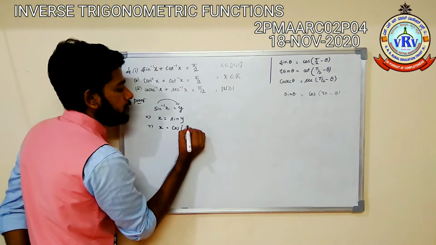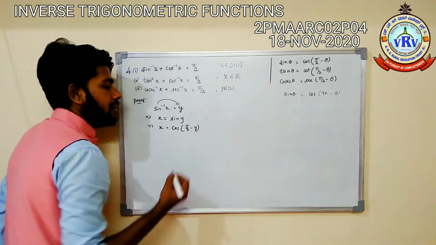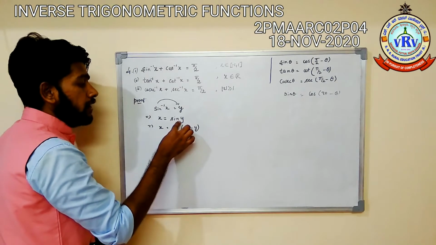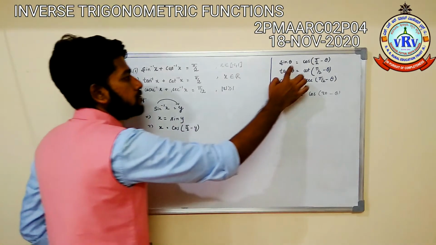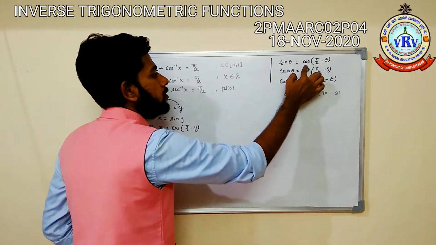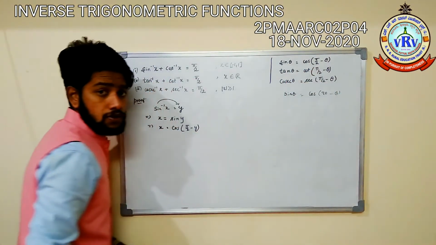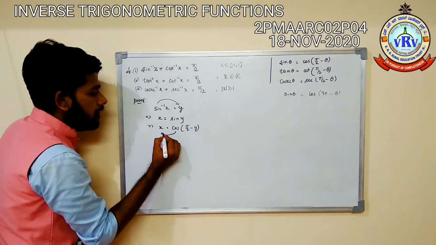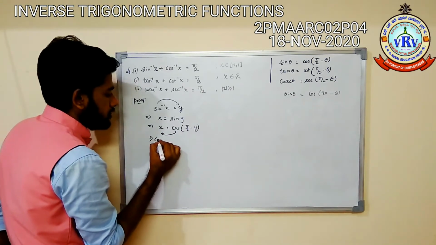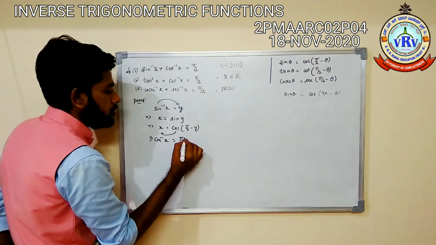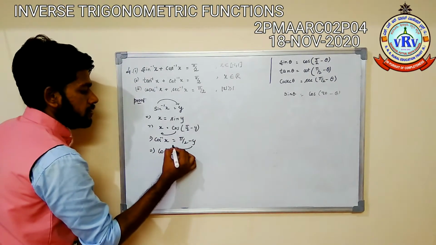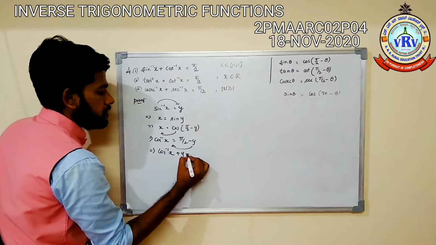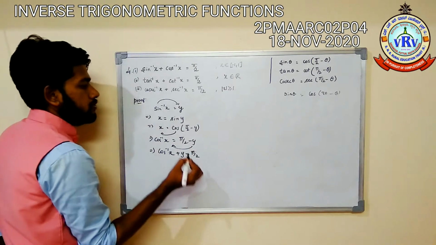Sine y in terms of cos is cos of pi by 2 minus y. Now I can shift this cos function. It becomes cos inverse of x is equal to pi by 2 minus y, or cos inverse of x, if I shift y to the other side, plus y is equal to pi by 2.